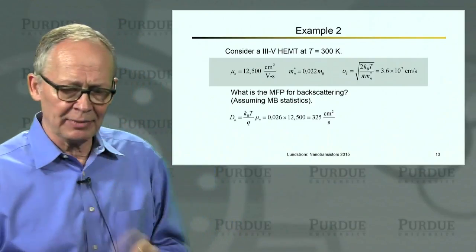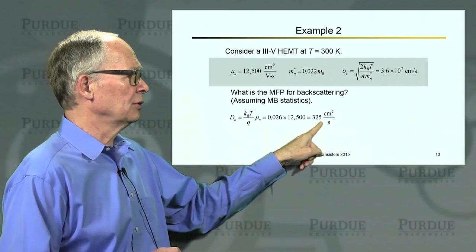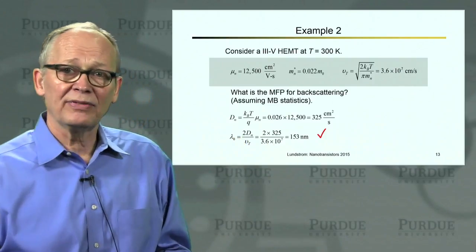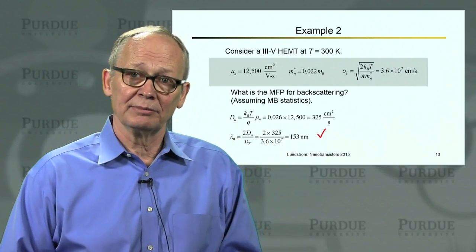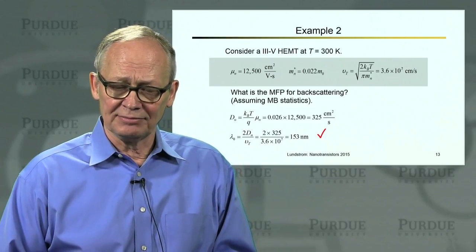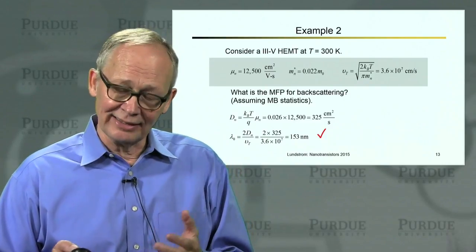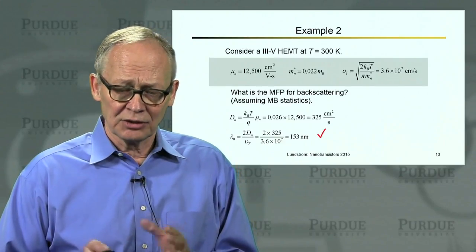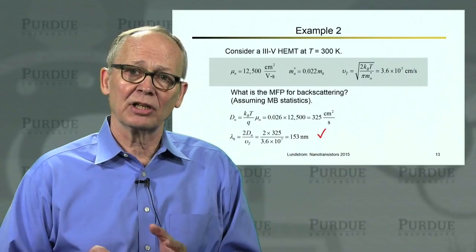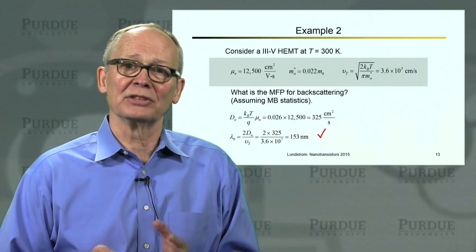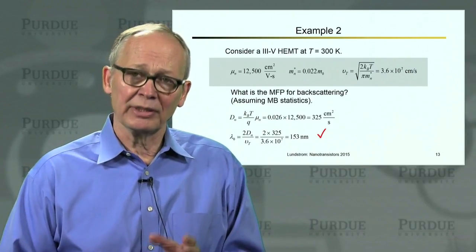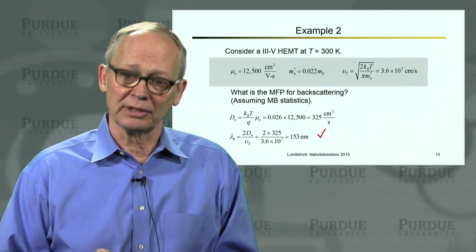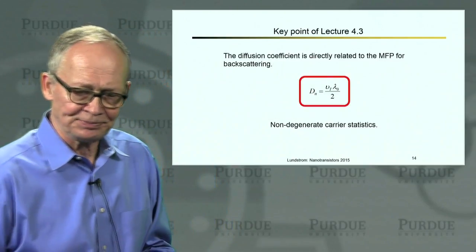We can go through the same analysis, compute the diffusion coefficient, use the diffusion coefficient to compute the mean free path. We find that the mean free path is quite long in III-V materials, specifically in indium-rich indium gallium arsenide. In this case, it's over 150 nanometers. So in this case, it would be significantly longer than high-performance transistor channel lengths, and we would expect to see III-V transistors operate quite close to the ballistic limit based on this simple calculation.